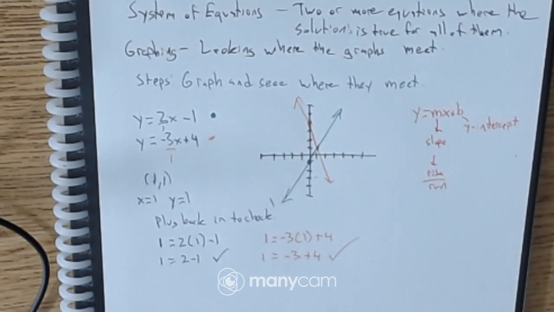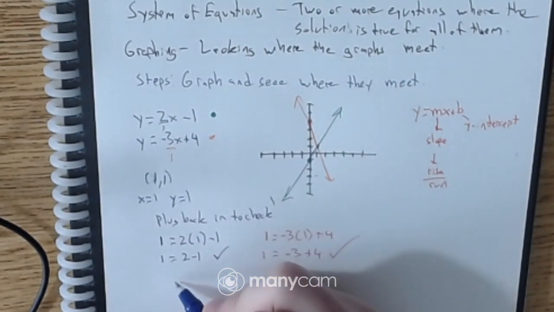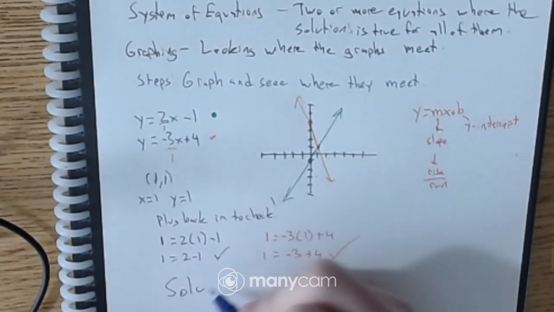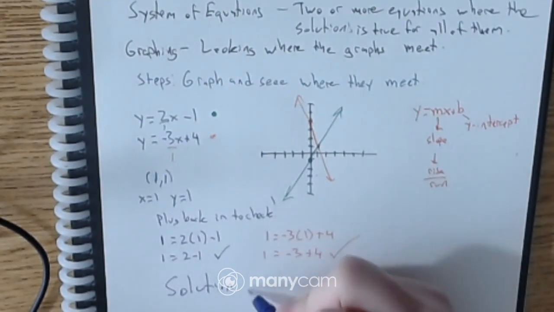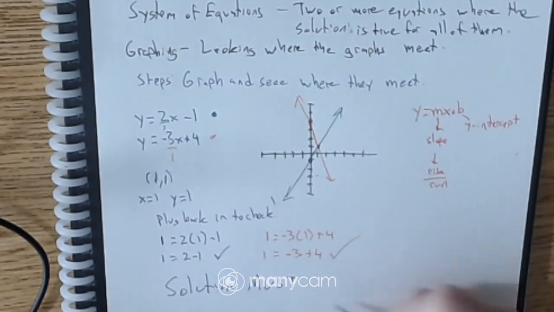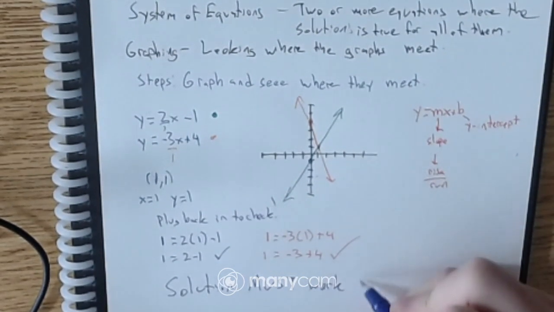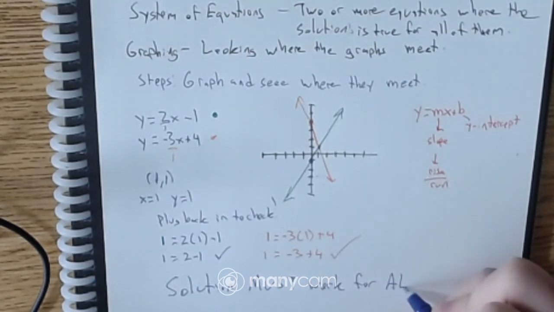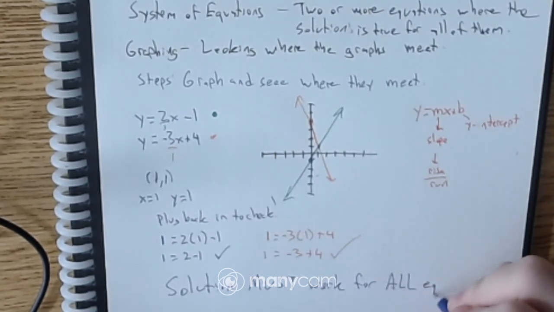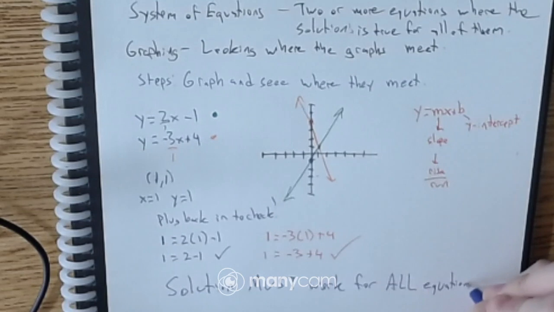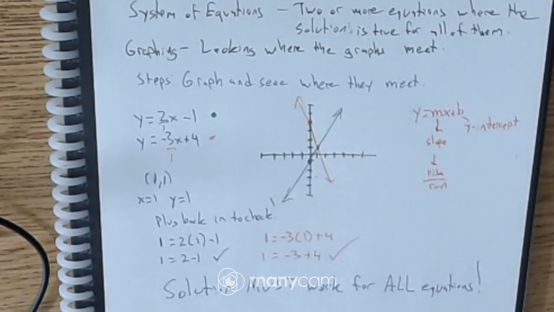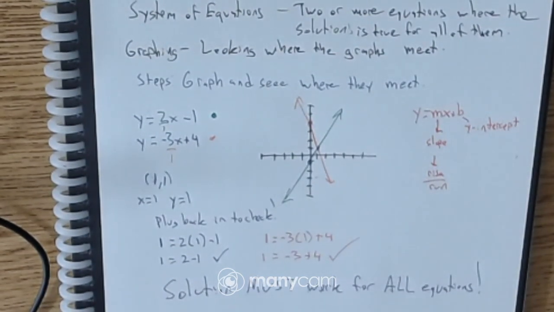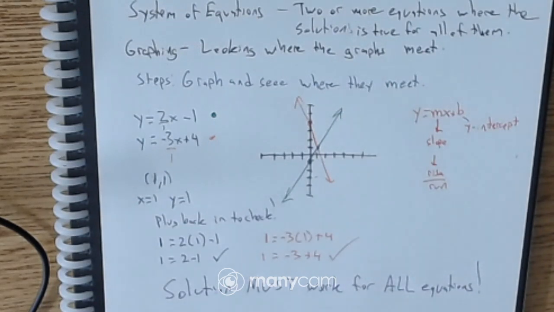Okay, that is very, very important. Otherwise, it would be simple. We would just solve one thing and it would be good. And yeah, that's really it for systems of equations and solving by graphing.